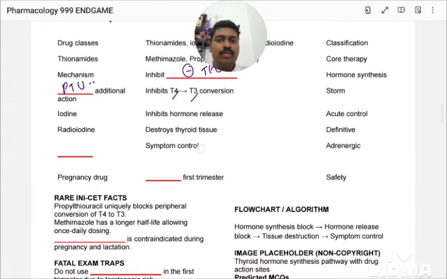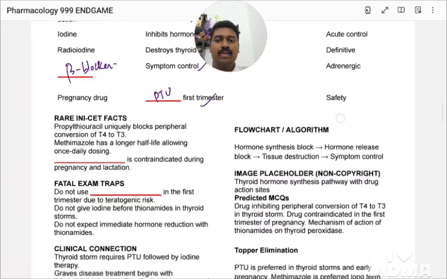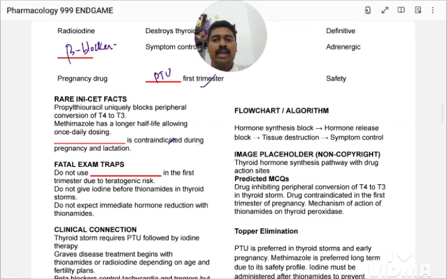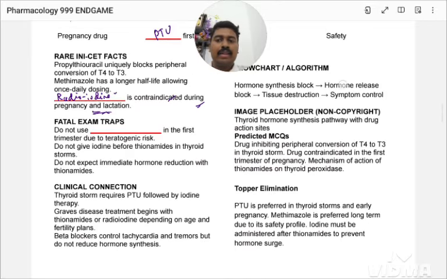Next, dash is used for symptom control. We use a beta blocker for symptom control in thyroid storm. Next, the pregnancy drug which is safe in the first trimester is propylthiouracil. Next, dash is contraindicated during pregnancy and lactation. Yes, very good, radioiodine is contraindicated. Next, do not use dash in the first trimester due to teratogenic risk. Yes, very good, it is methimazole.